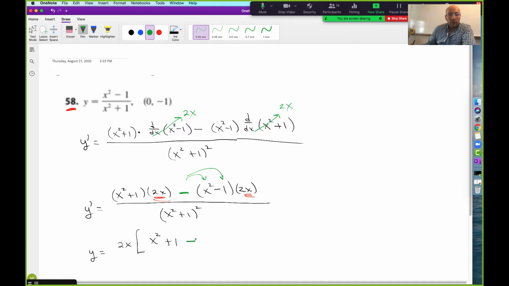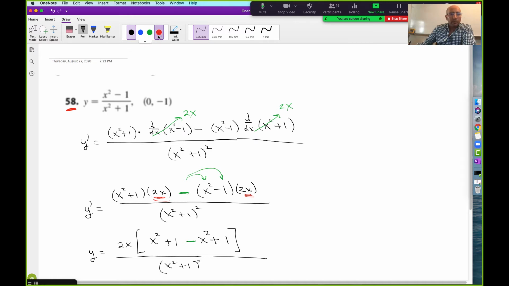So I'll end up with a minus x squared plus 1 in the numerator. The denominator still has this crazy x squared plus 1 squared term.